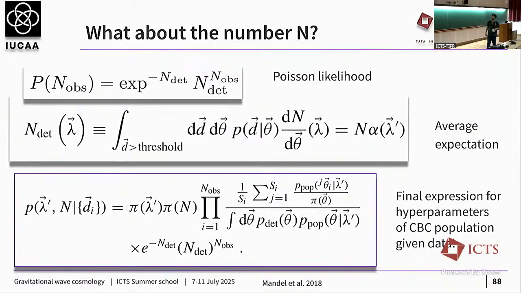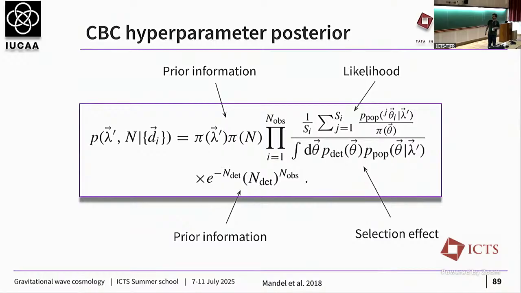So again, prior information is here, likelihood is here, and then, sorry, this is the prior information on lambda prime and pi of n, and this is the Poisson, the number of events that you detect given the total number of detectable events that are possible. So this is another likelihood of n obs given ndet.